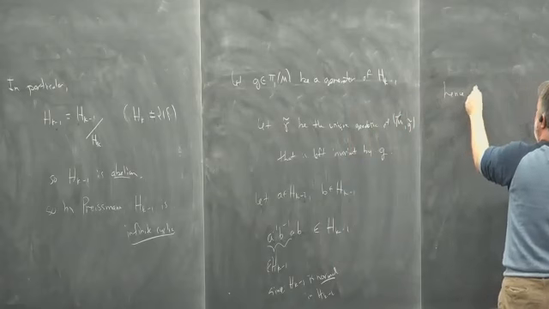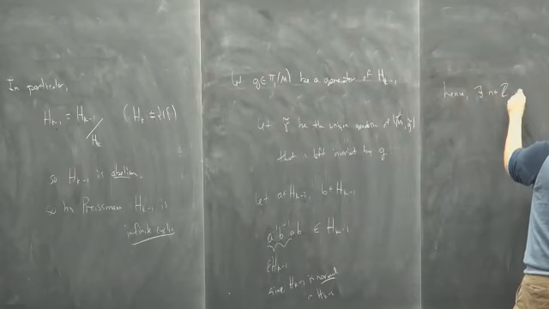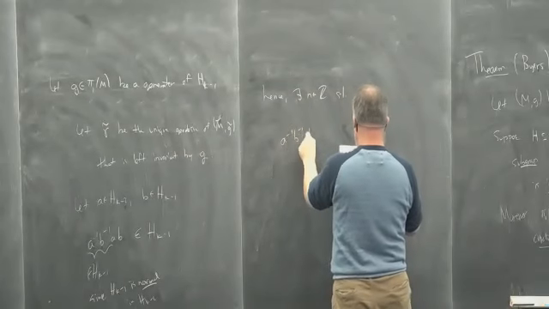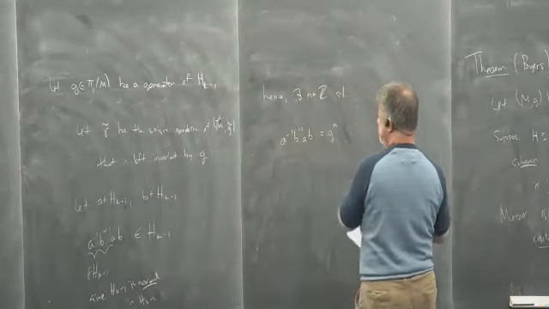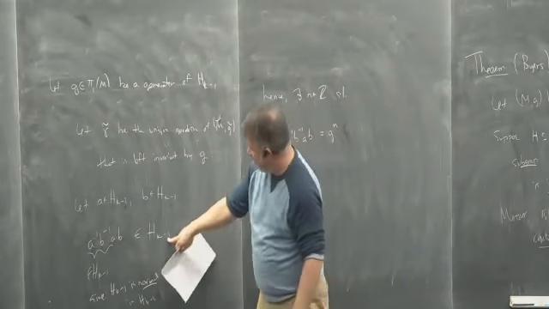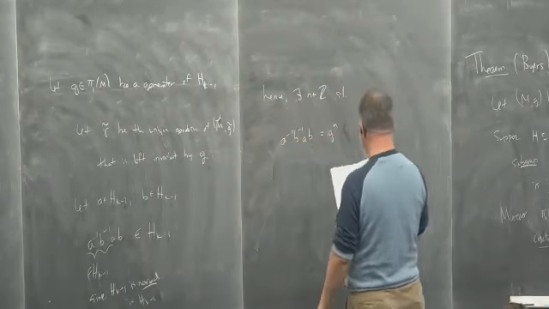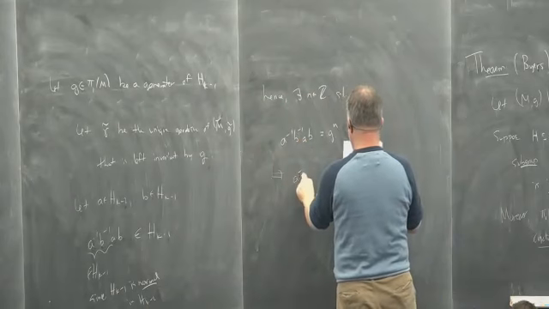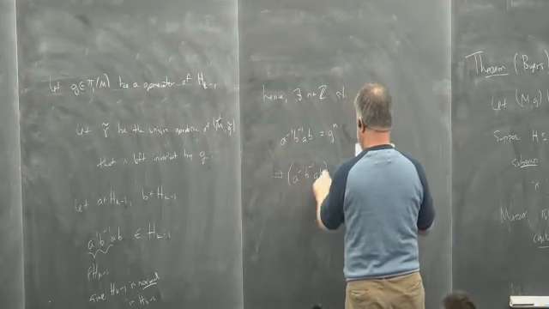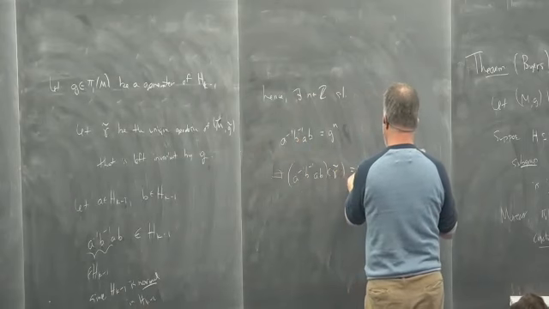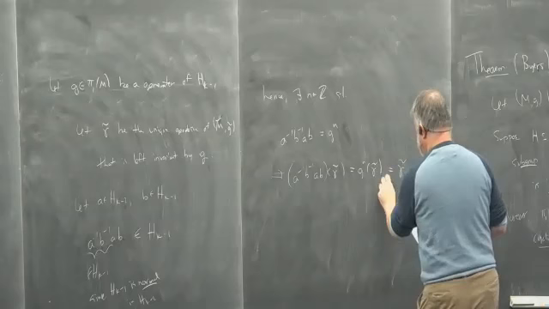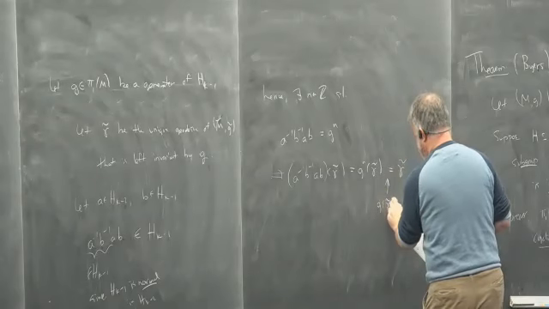Hence there exists some integer n such that a inverse b inverse a b is g to the n, because this group is generated by g. If I apply both sides to gamma tilde, g to the n applied to gamma tilde equals gamma tilde, because g of gamma tilde equals gamma tilde.